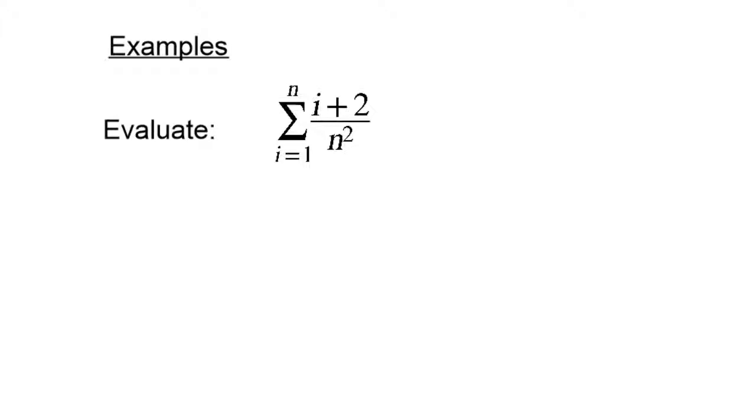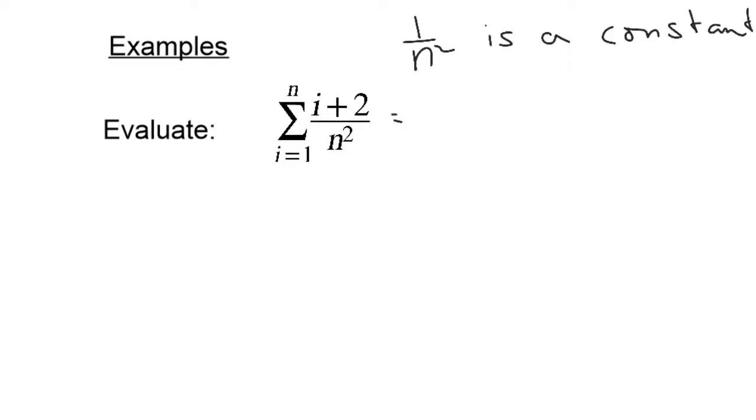So let's use our properties of summations to evaluate this expression. We want to know the sum of this function from i equals 1 to n. So this equals, well, I can remember in this case 1 over n squared is a constant.